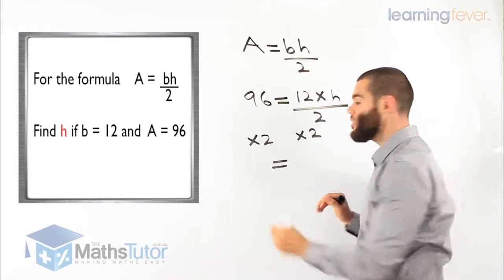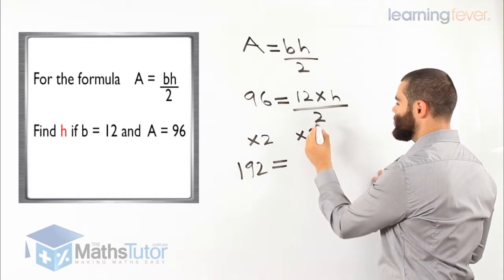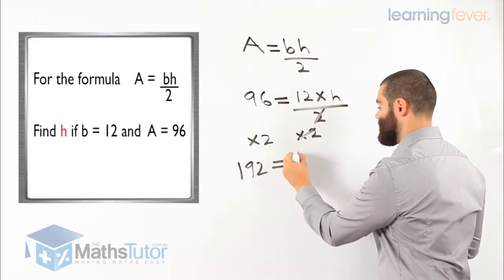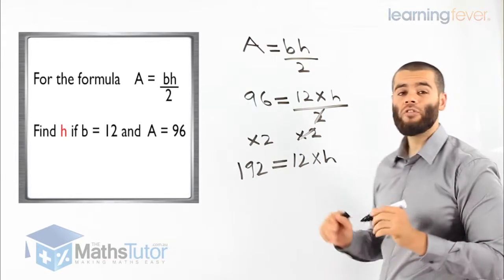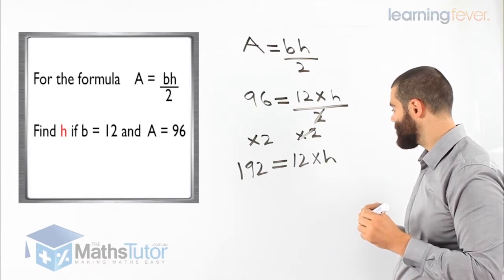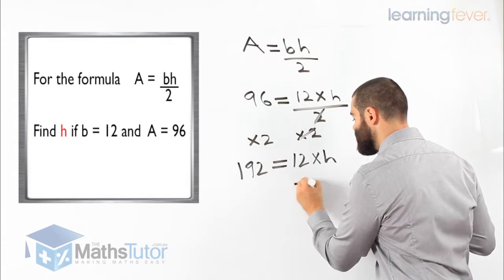96 times 2, 192. Divide by 2 times 2, they cancel out. We're left with 12 times H. 192 equals 12 times H. We're asked to find H. We know we've got to divide. The opposite of times is divide.